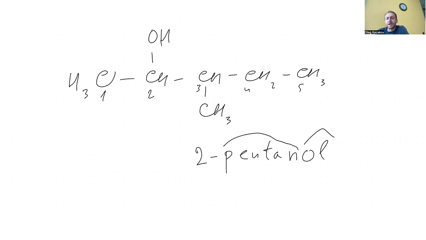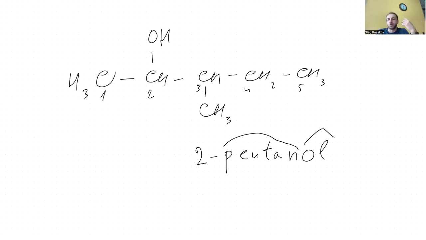On the second carbon, there is an OH that makes an alcohol from pentane, essentially. So that's how you can wrap your mind around it. Of course, with more examples, it will become more natural, more of a fingertip feeling, if you will.